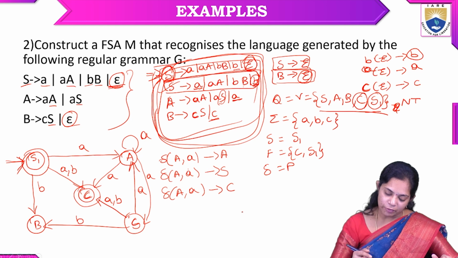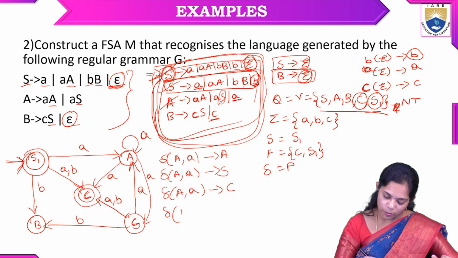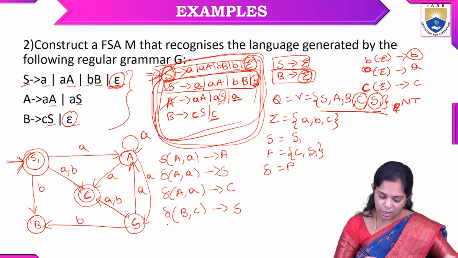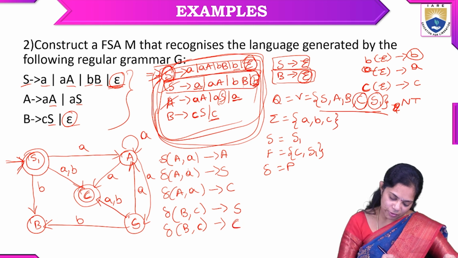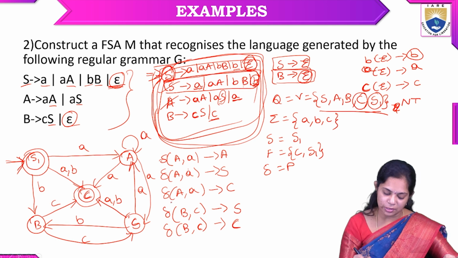We finish this production rule, and now transition of B comma c as an input is reaching the S state. Transition of B on small letter c is reaching the final state capital C. So from state B, whenever we give c as an input, it is reaching the state S, and it is also reaching the final state C.